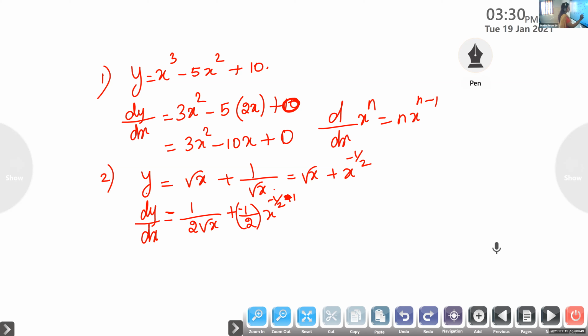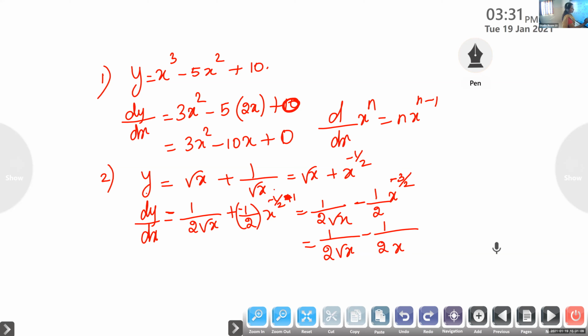That is the same as 1 by 2 root x minus 1 by 2 x raised to minus 3 by 2. Minus half minus 1 means minus 3 by 2. So we can write this as 1 by 2 root x minus 1 by 2 x raised to 3 by 2.